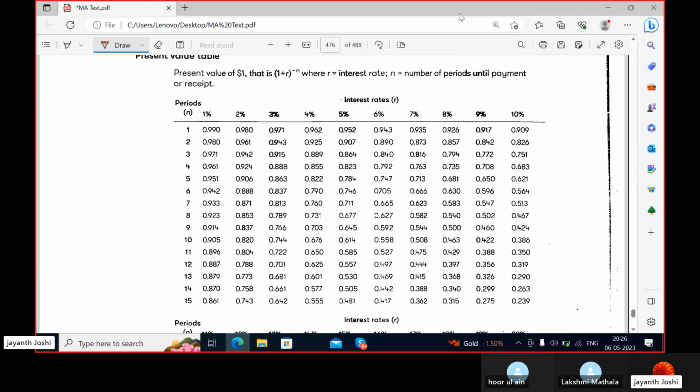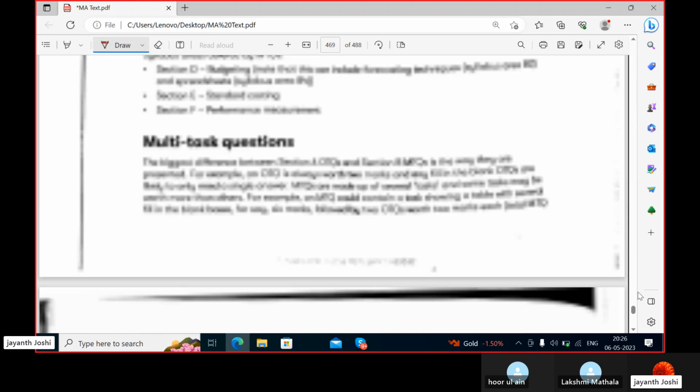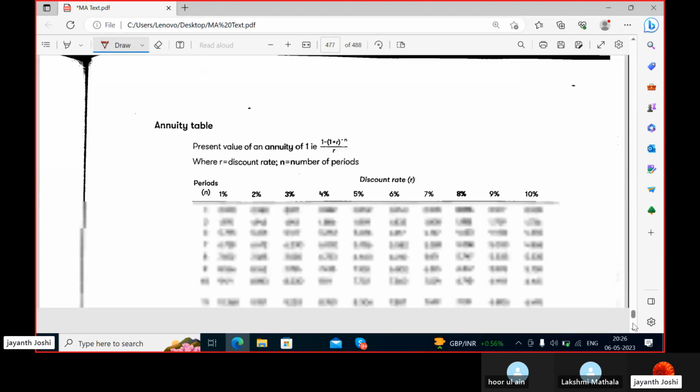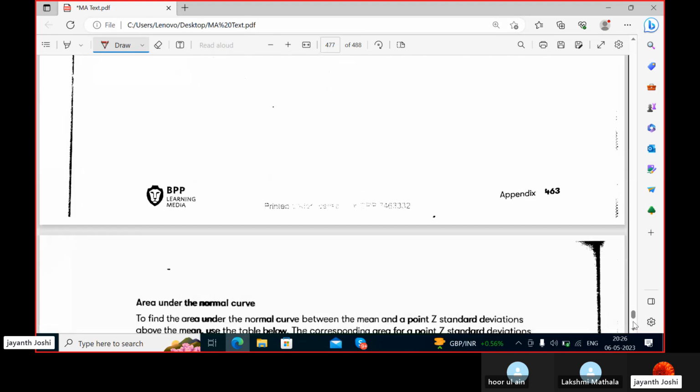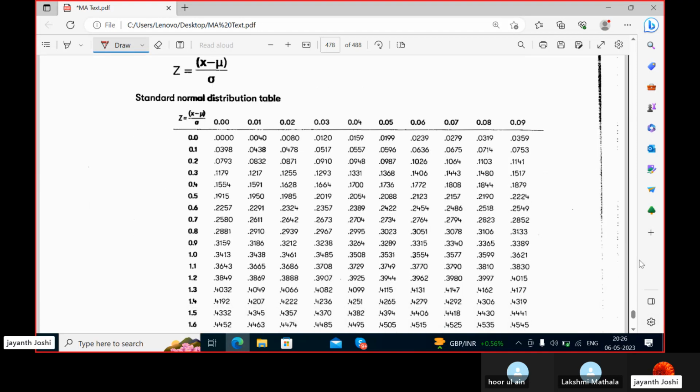So what were we seeing? Z-score. This is a present value table actually. So we got a z-score of 2, correct?